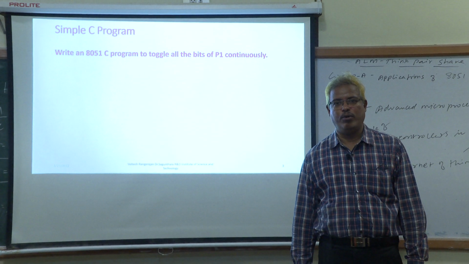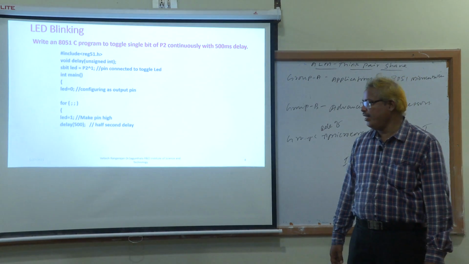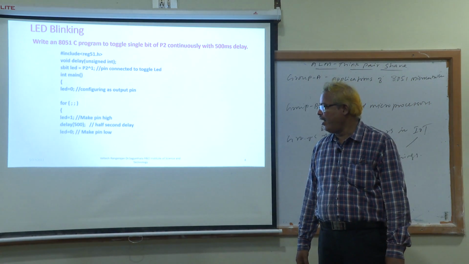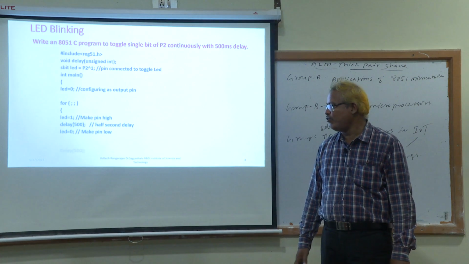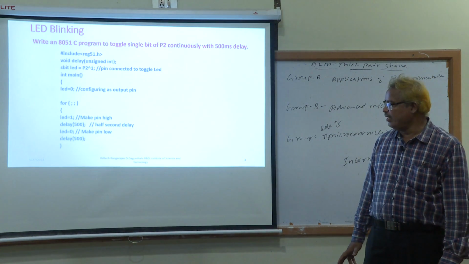The loop executes forever, LED is equal to 1, call the delay of 500 millisecond and then LED is equal to 0. So the LED will blink, with a delay of 500 millisecond in between.